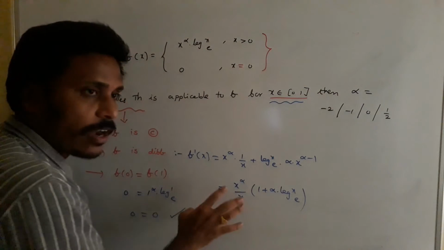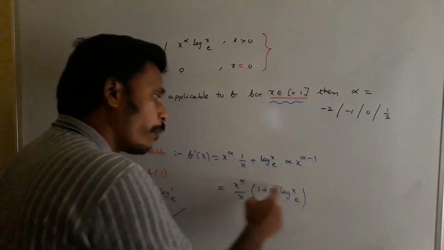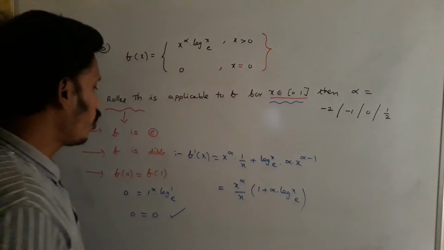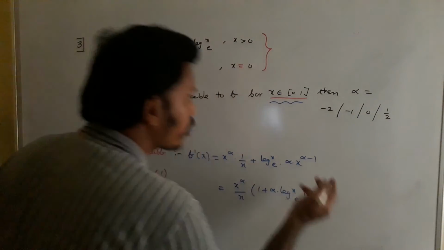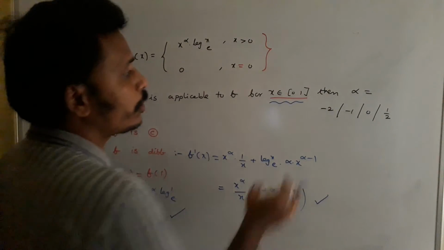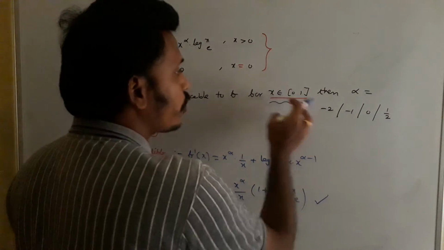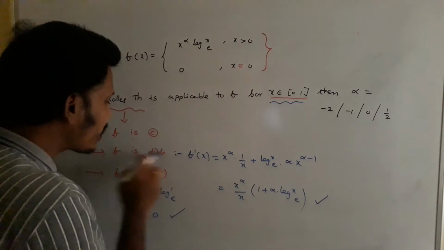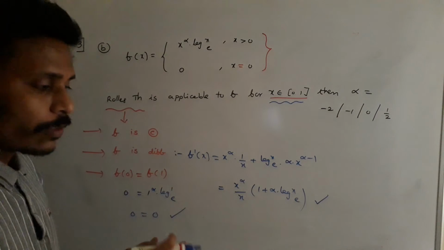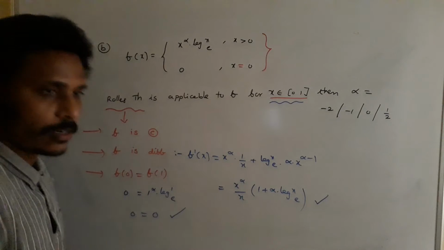That means the denominator is never 0. Since the denominator is not 0 and the numerator exists for all x greater than 0, f of x is always differentiable in this region. f of 0 equals f of 1 always happens in this region for the given function. So this second statement is also not useful for us to find the value of alpha because it is always correct.